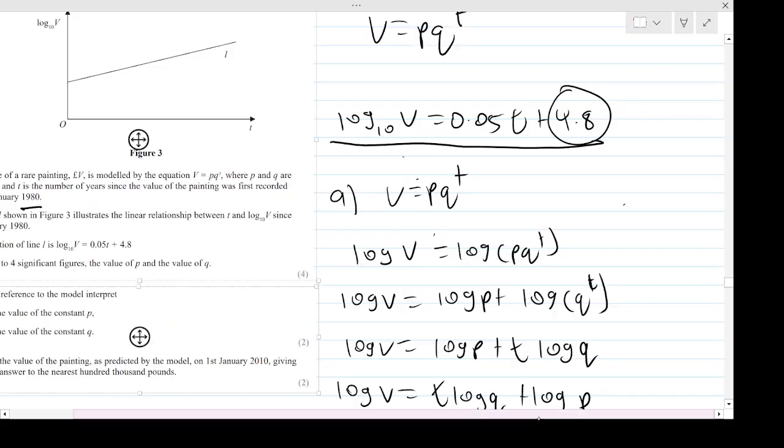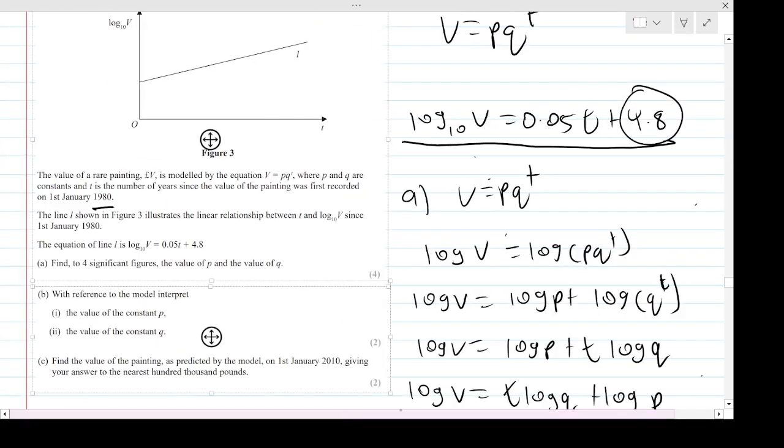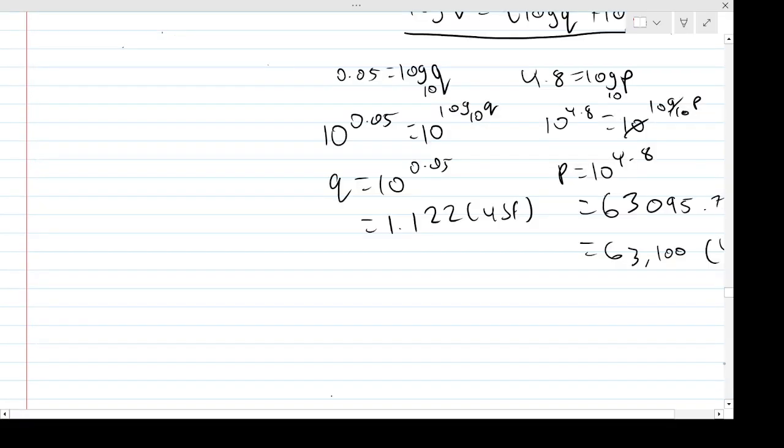Cool. Okay, then it says, with reference to the model, interpret. So again, that key command word, exam word, interpret, meaning explain what the number means in relation to the real life scenario. So in relation to the value of the painting, right? What does the constant P mean? Okay, well, P is this.